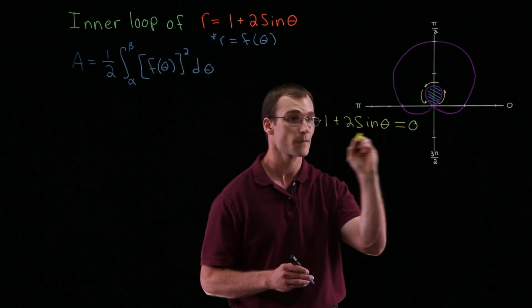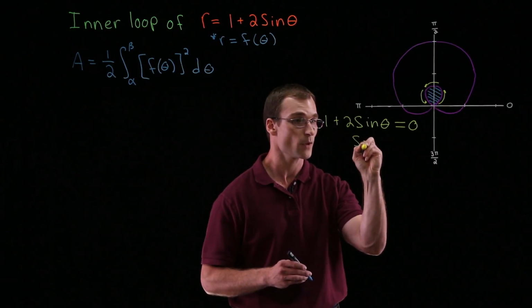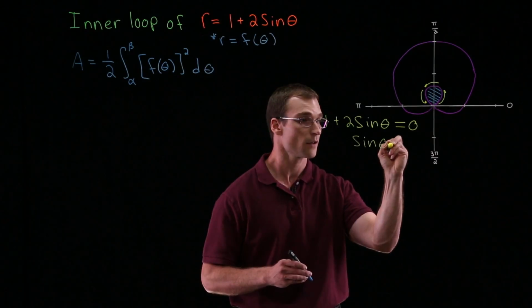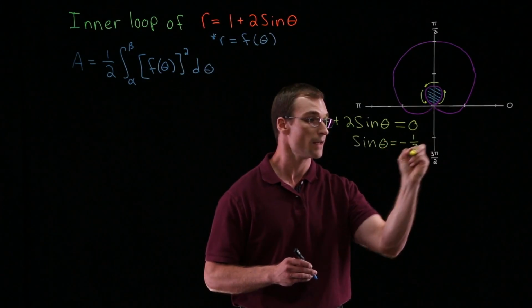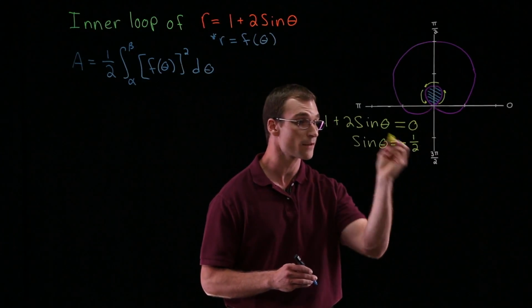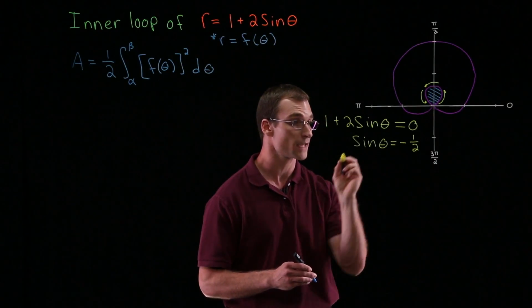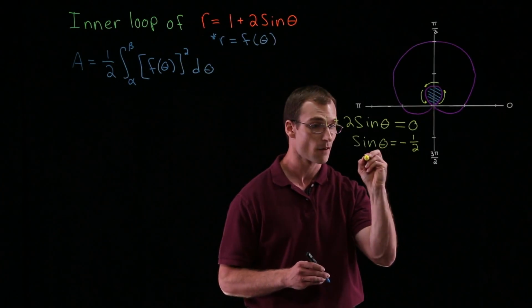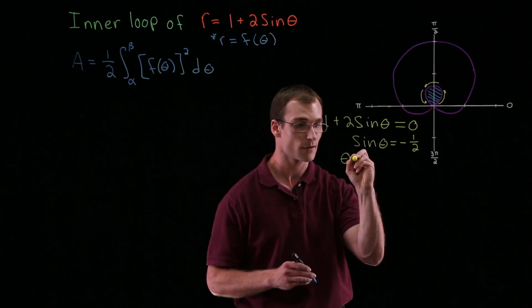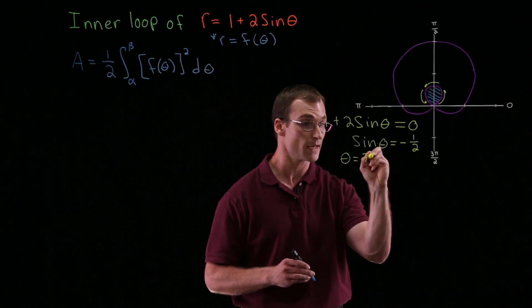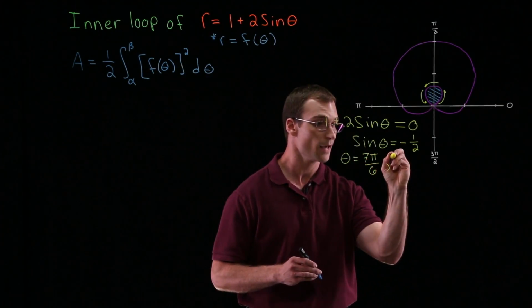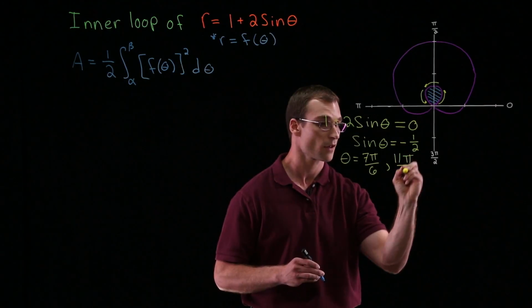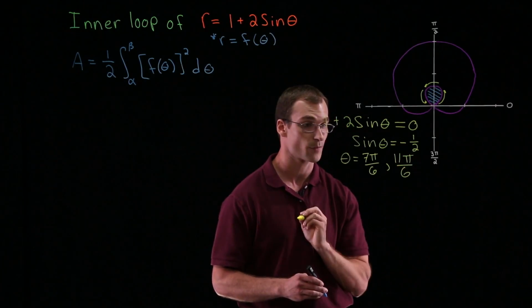Well, subtracting 1 and dividing by 2, we have sine of theta is equal to, say, -1/2. And what values or what angles give sine equal to -1/2? Let's see, we have theta equal to, say, would be 7 pi over 6 and 11 pi over 6. So that's our alpha and our beta, respectively.